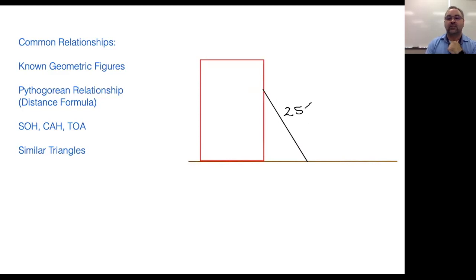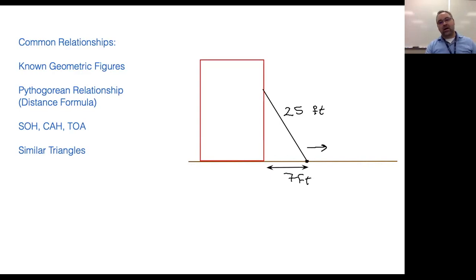25 feet. The base of the ladder is 7 feet from the base of the house, so we've got a 7 foot distance down at the bottom. And your buddy thinks it'll be hilarious to pull the bottom of the ladder away from the wall.